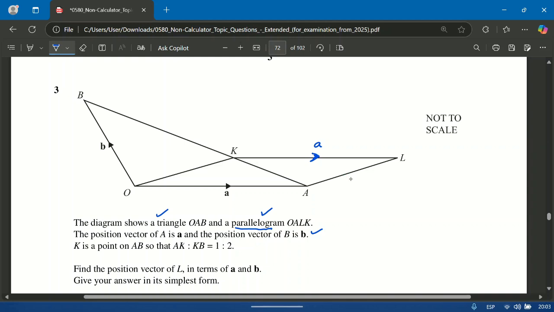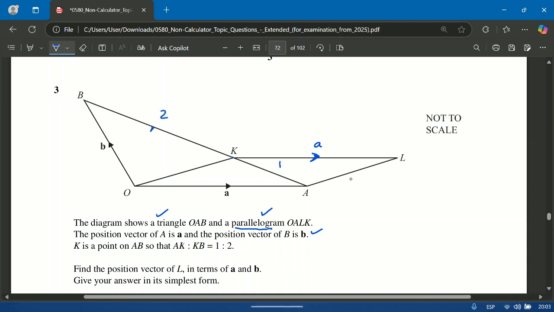K is the point on AB. There is K. We know it's a straight line because it's a triangle. So AK is in the ratio to KB 1 to 2. If this is 1, then that is 2.